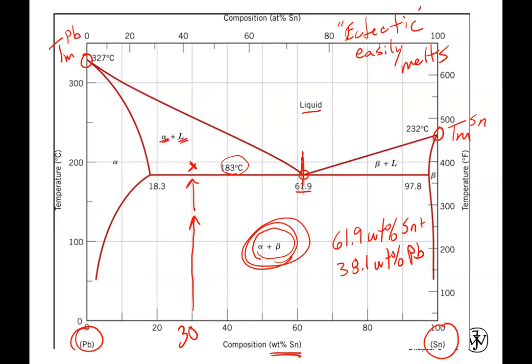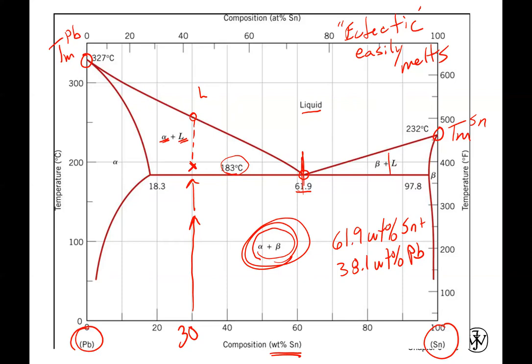So again, I have sort of this slush of solid and liquid, no more beta. And then if I keep going, eventually I'll get to this temperature here where I'm now all liquid, okay, complete melting.